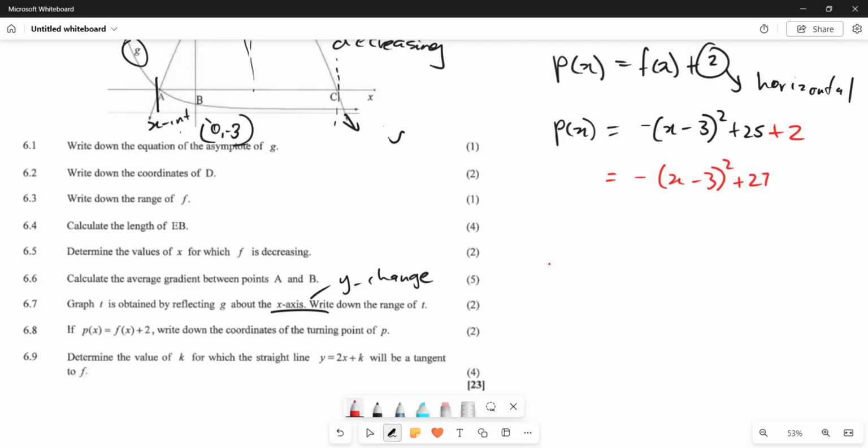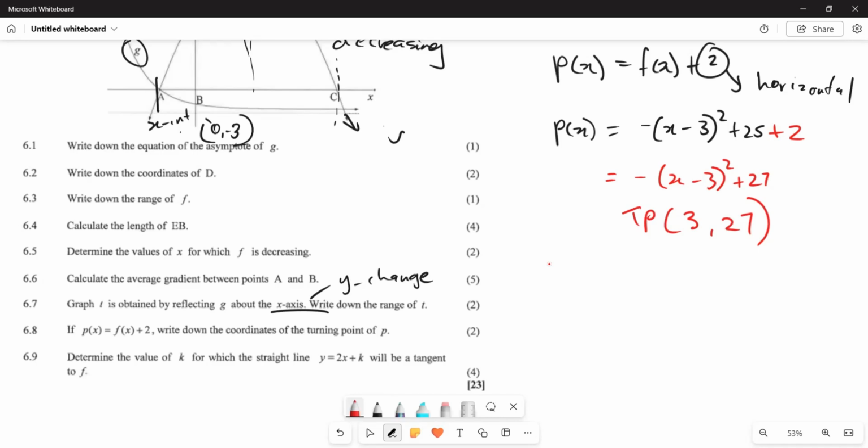So the new coordinates of our turning point are 3 and 27, because the y is shifted 2 units upward. Are we together? Hopefully this makes sense to you.